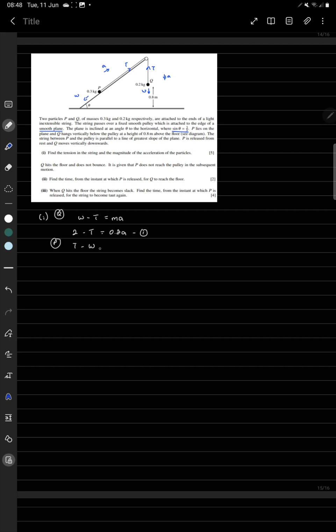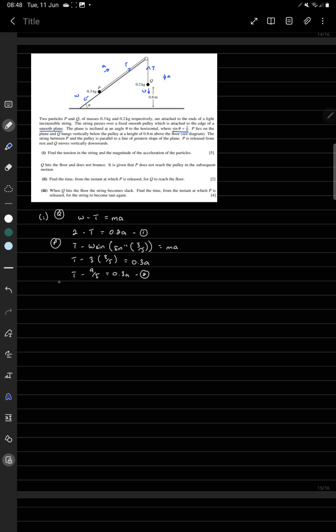So it's going to be W sine theta, and theta is going to be inverse sine 3 over 5, equals ma. Now the weight of P is 3, and sine and inverse sine cancel each other out, so we'll have 3 over 5 equals 0.3a. Then let's simplify this. We get 9 over 5 equals 0.3a, and we have our second equation.